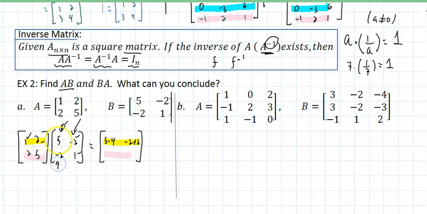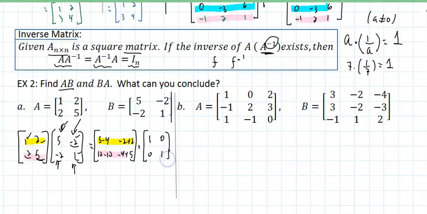For the first, 2 times 5 is 10 minus 10. And for this row, 2 times negative 2 is negative 4 plus 5 times 1 is a 5. Again, I should be working downwards, not to the side, but I just wanted to line them up so you could see them. It's easier this way. And that would be 1, 0, 0, 1. That worked.